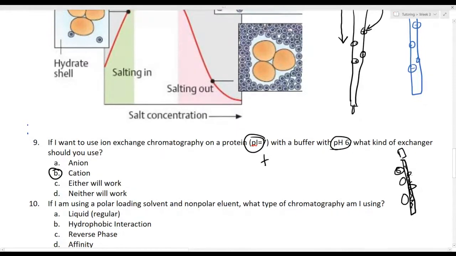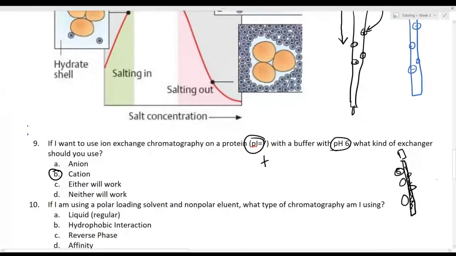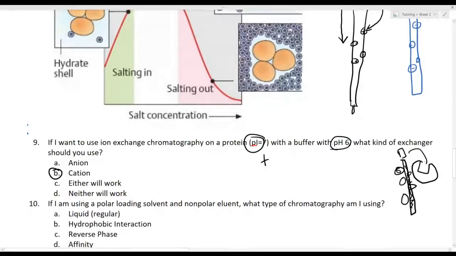So our square protein, and your resins will look like that to fit the square protein inside. And so exactly like you would expect, your protein that you're looking for is going to get caught in the column, everything else is going to go through it, and then at the very end you can use a different pH, you can use a ton of salt, something that'll just get this protein out. And it really depends on the protein that you're trying to purify, what you would use. And then that's how you would purify it, okay?